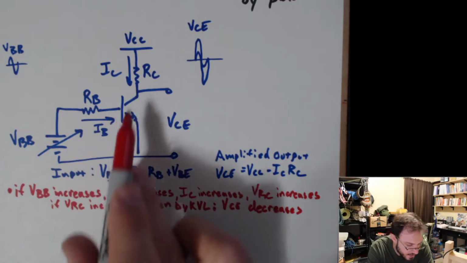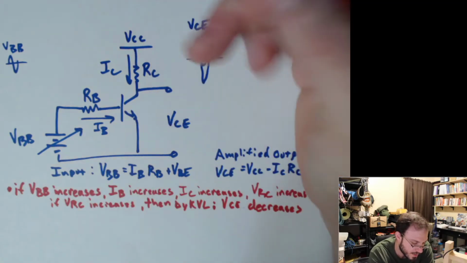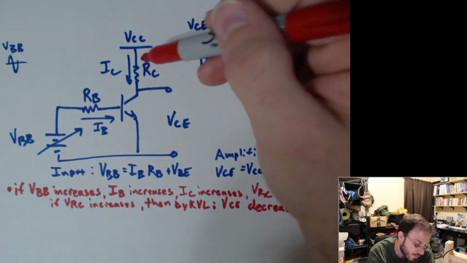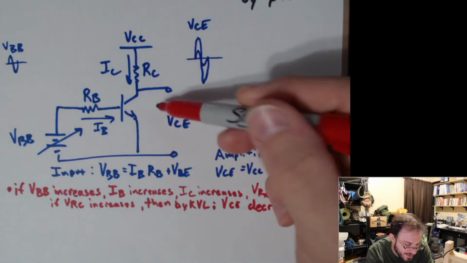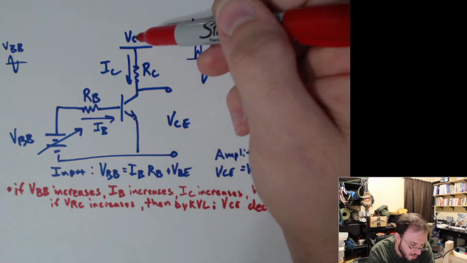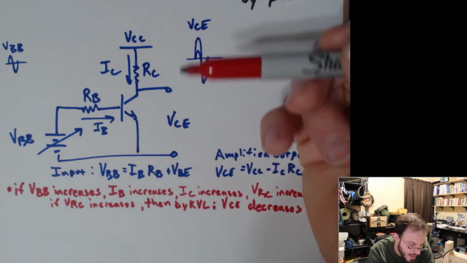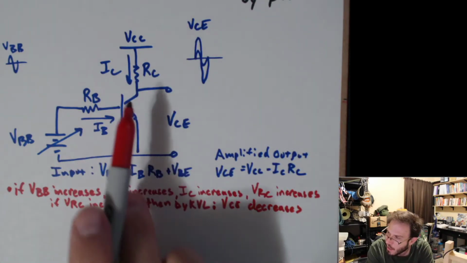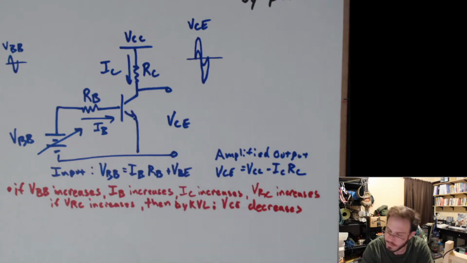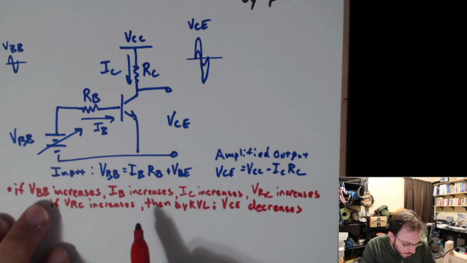As the base current increases, the collector current increases. As the collector current increases, the voltage drop across RC increases. And if the voltage drop across RC increases, then VCE has to decrease because we have to maintain this constant voltage across here, right? So by KVL, VRC and VCE end up being inversely proportional to each other. Okay, so that's what happens as our voltage applied to the input goes up.